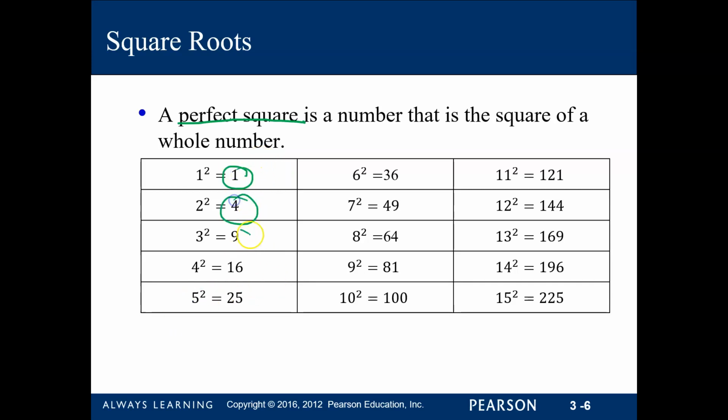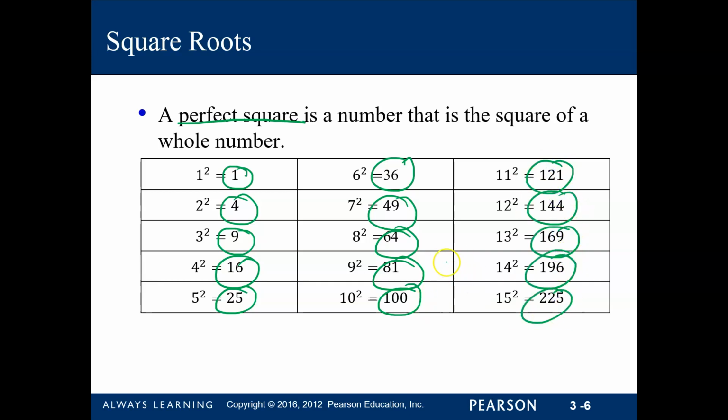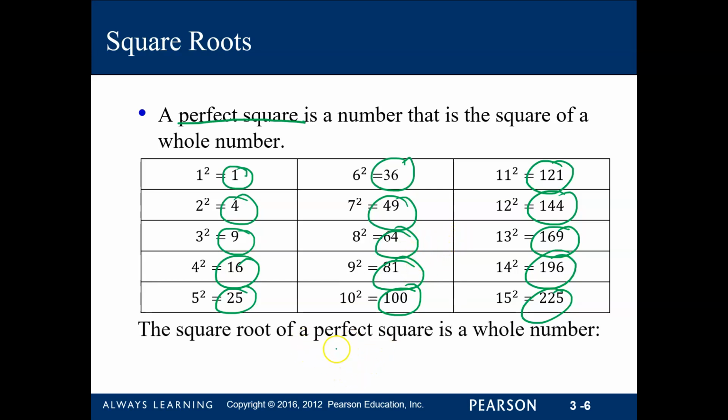So 1, 4, 9, 16, 25. I hope that at least these numbers you know by heart. Just make sure that you understand that the square root of a perfect square is a whole number.